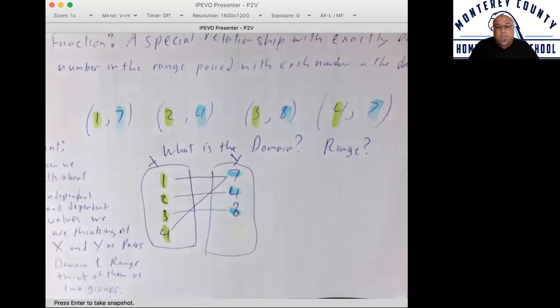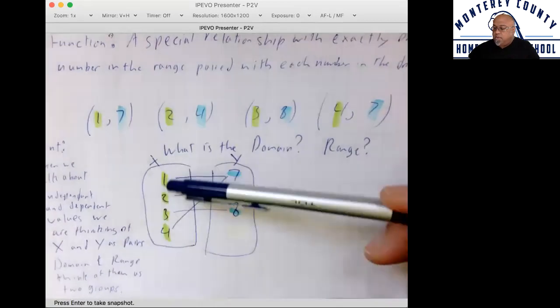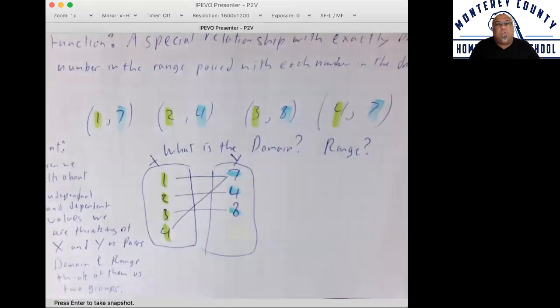Okay? So that's how I would write my ordered pairs when I'm thinking of them as a domain and a range. Now, when I say independent and dependent, I think of them like this. When I say domain and range, I think of them like this. They're the same numbers. All it is just a different way of organizing them.